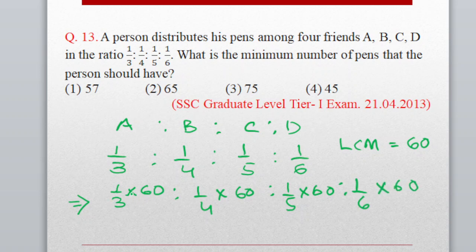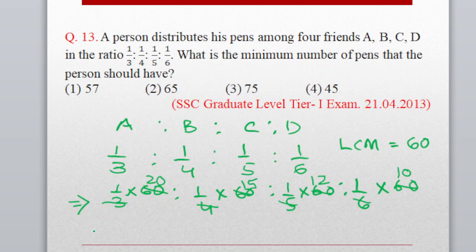When 60 is divided by 3 it becomes 20, when 60 is divided by 4 it becomes 15, when 60 is divided by 5 it becomes 12, and when 60 is divided by 6 it becomes 10.